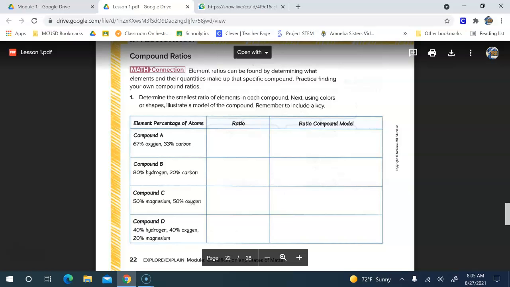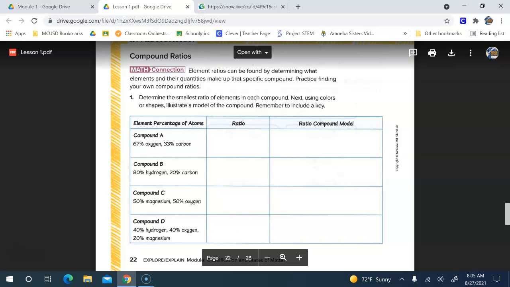So that gives us 4 over 1, which we call in a ratio 4 to 1. And then again, you're going to draw 4 hydrogen and then 1 carbon. So compound C, I'll have you do on your own.